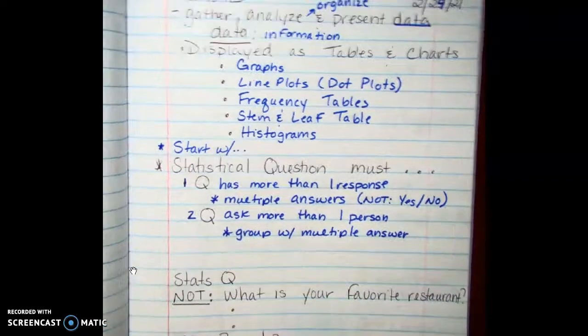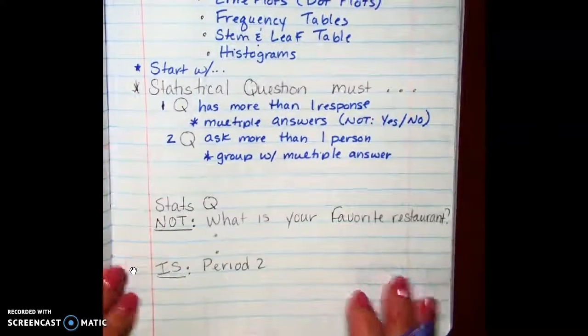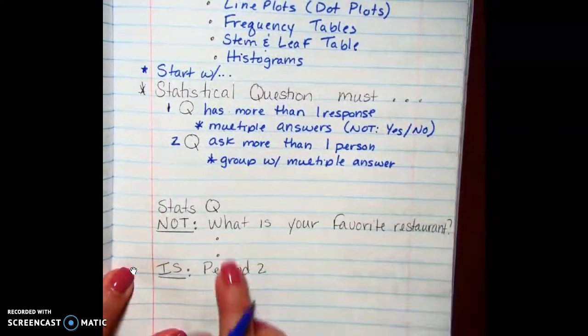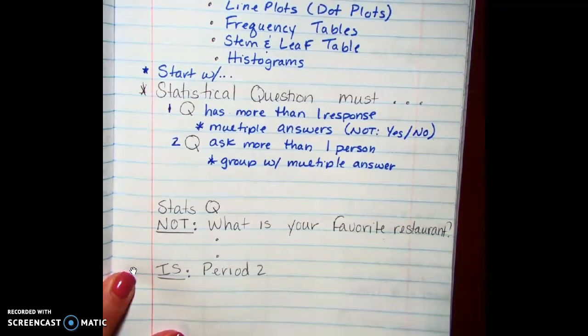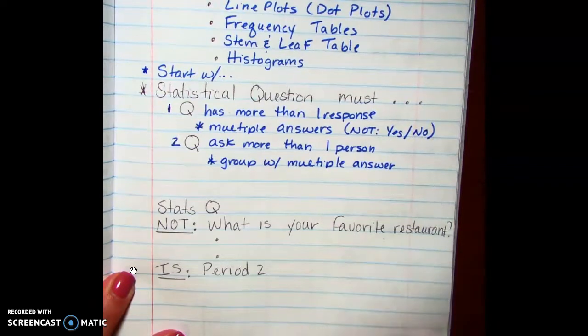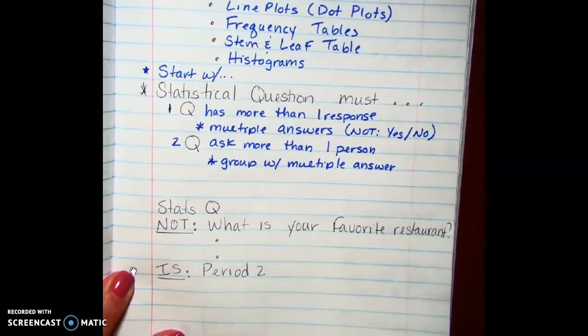We started off in class today and had a lovely conversation about this. I asked a particular student, hey, what's your favorite restaurant? Some of them said, I don't know. Some of them were like, hey, it's McDonald's. So that one person told me their favorite restaurant.